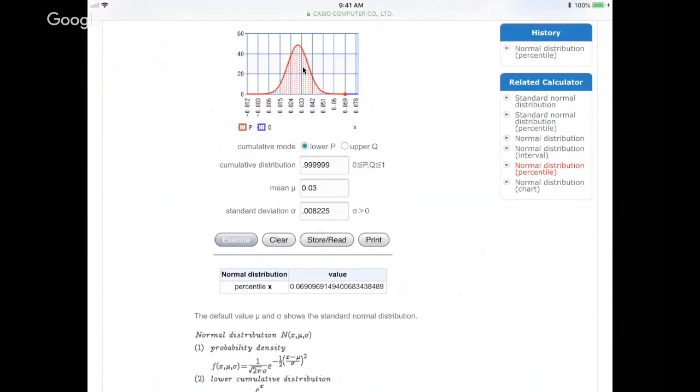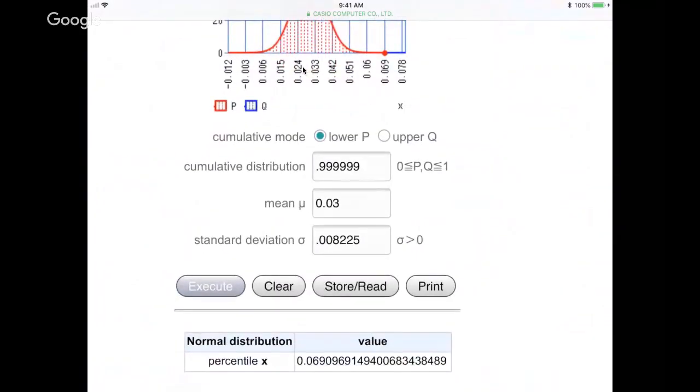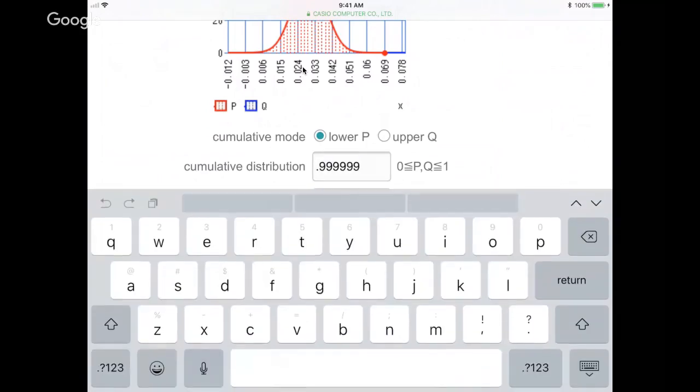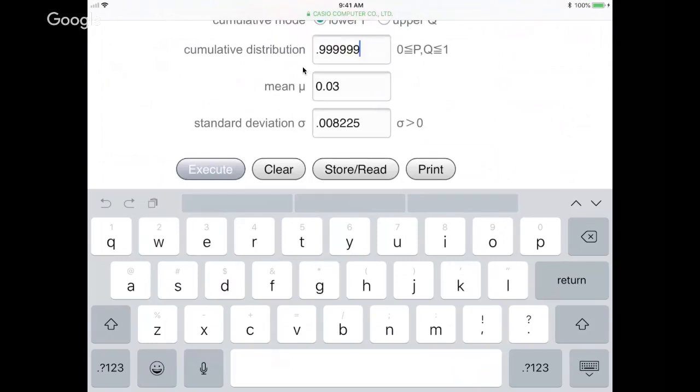That's 99.9999% of the time it's going to be less than that failure rate, right? So only 0.000001 of the proportion, 1 in a million. It's a 1 in a million chance. What do you know? So very unlikely.